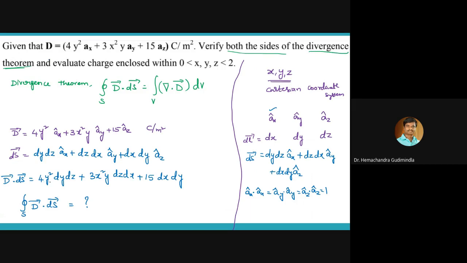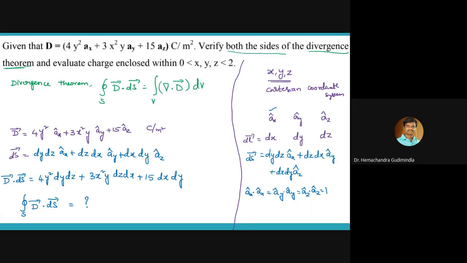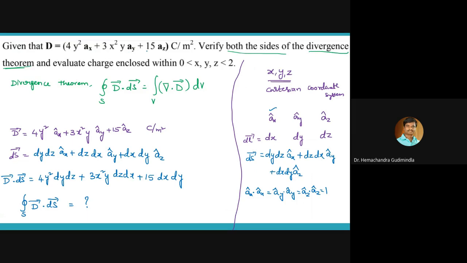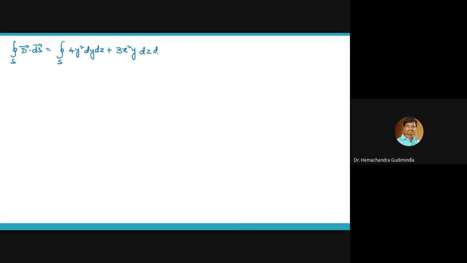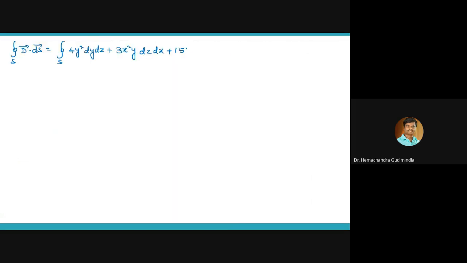Now I will write it here: the integral over the closed surface of D bar dot dS bar is equal to the integral over the closed surface of 4y square dy dz plus 3x square y dz dx plus 15 dx dy. Up to here no problem.